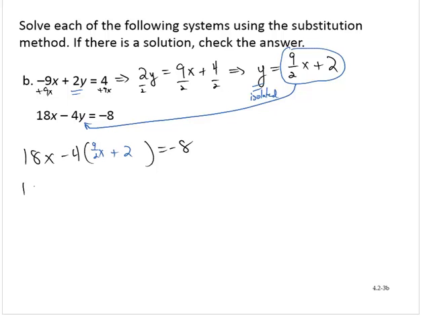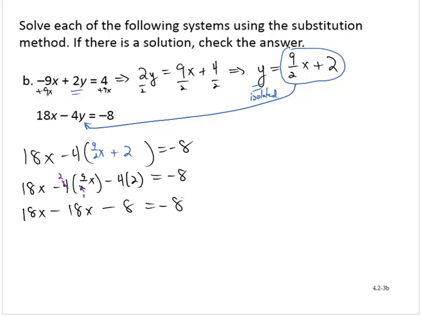Applying the distributive property, I have 18x minus 4 by 9/2 x minus 4 by 2 is equal to negative 8. Now we can reduce between the 4 and the 2 here, leaving a 2 and a 1. And so that would give me 18x minus 18x minus 8 is equal to negative 8.